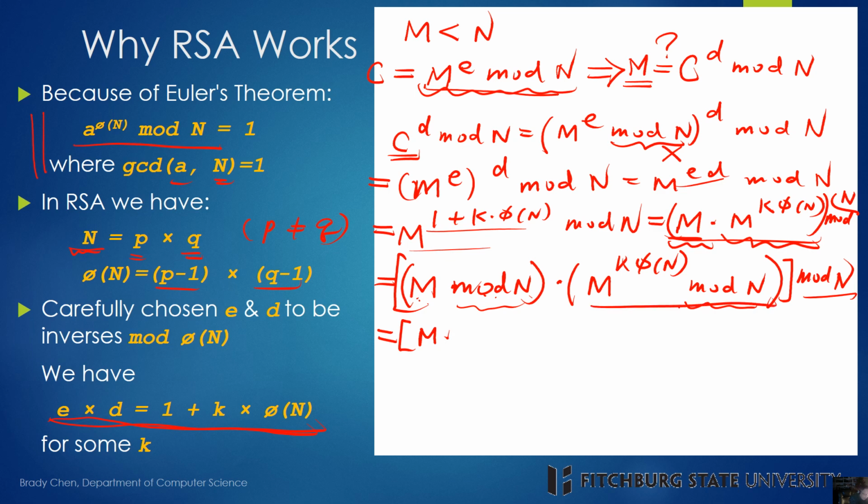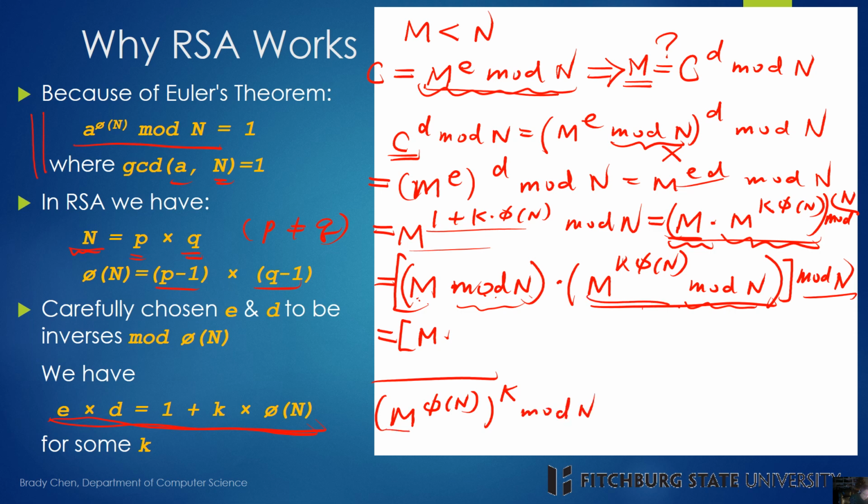Now we will find out that m to the k times phi of n can be written as m to the phi n to the k mod n, right?